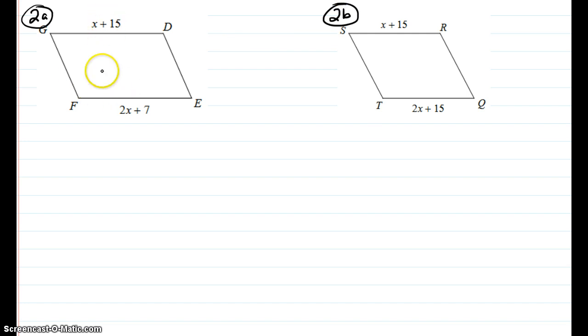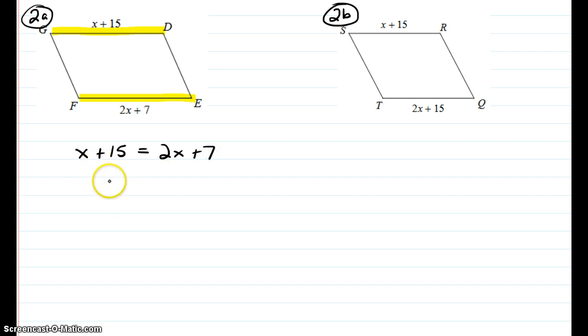Alright, so here we still have opposite sides that are equal. And so we're going to take GD and make it equal to FE. And so now we write x plus 15 equals 2x plus 7.